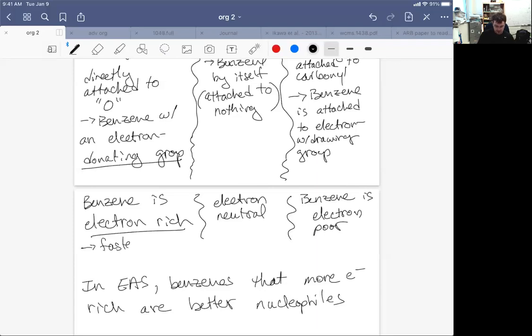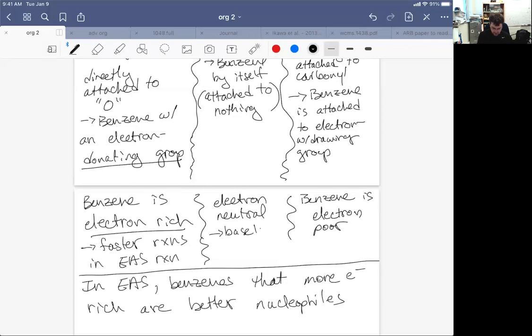So that's going to be our rich benzene, the one that has received electron density from its donating group. We're going to see faster reactions in an EAS reaction. Here we're going to see this is our baseline or normal reaction.